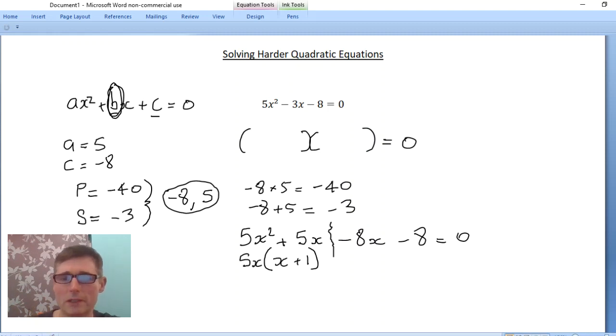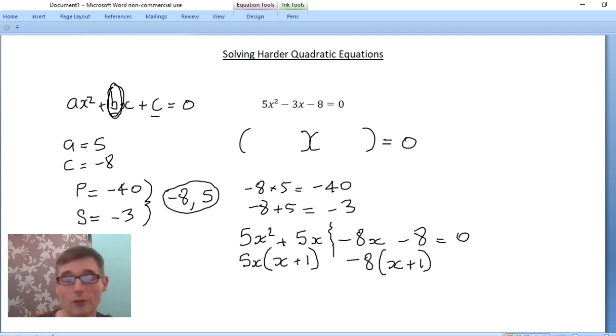If we repeat the process for the second half, we've got -8 as the common factor. So we write that at the front and open a bracket, and inside that bracket we'd have x plus 1. So we factorise the first half of the equation, and also the second half.